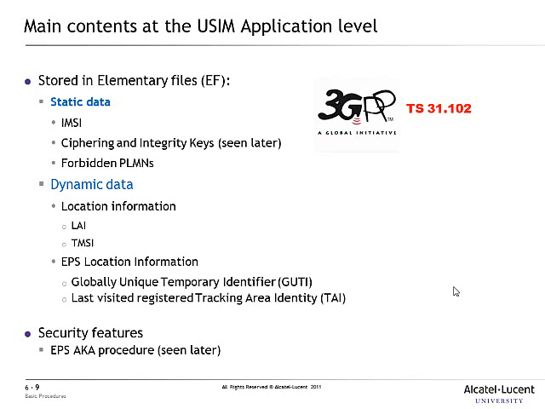So each tracking area has an identity with it, a number associated with it, and that is another piece of dynamic information that is stored in the SIM card. So when you change from one tracking area to another tracking area, that number has to be updated.